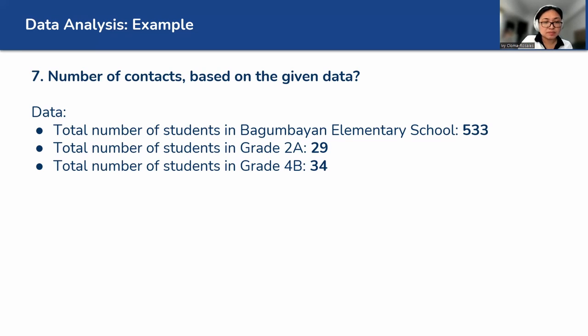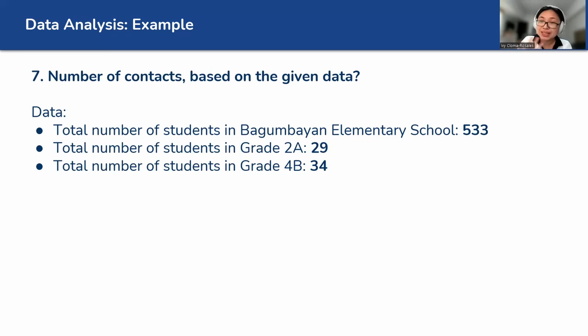Number of contacts based on the given data. Well, these are the students, but we don't know whether they have direct interaction, no? So not everyone is automatically a contact. So you don't just decide to quarantine everyone. We have to be reasonable about this.